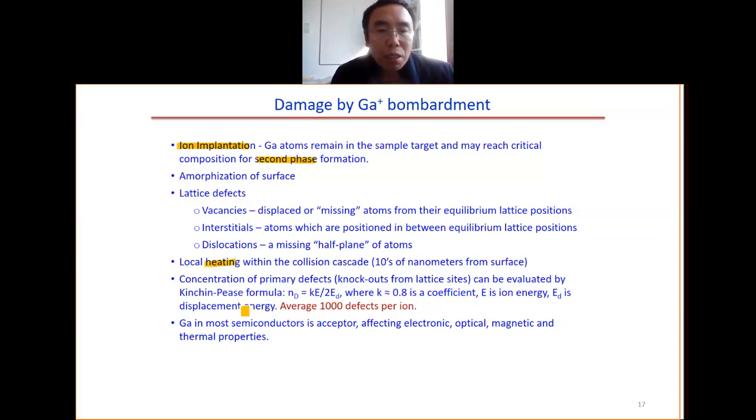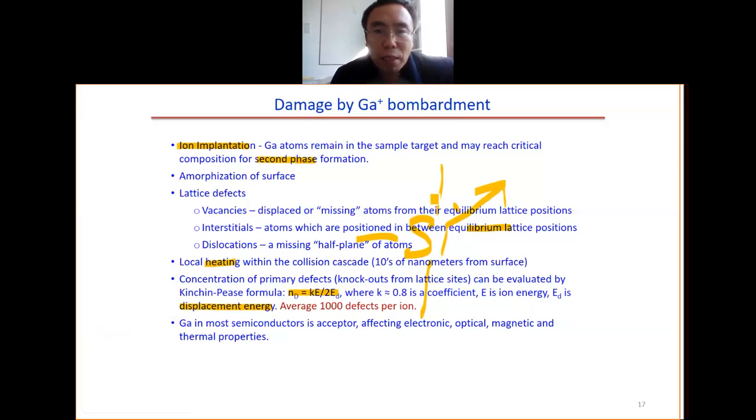The number of defects created is given by this formula. It is about E over ED. The first E is the ion energy, like 30 kilo electron volt. The second, ED, is the displacement energy. For example, for the case of silicon, to kick this silicon out, you need to break many of the chemical bonds.